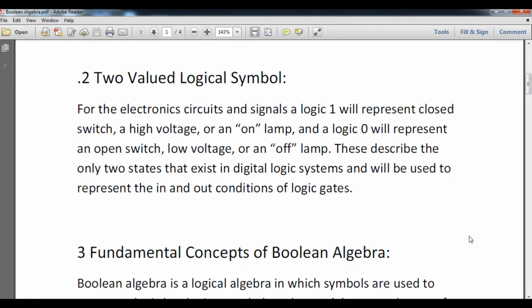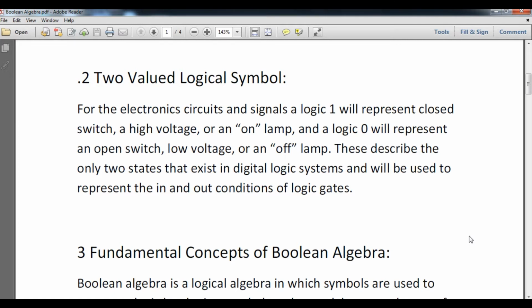Now first of all, we are going to understand the two-valued logic symbols. For electronic circuits, students, the signal depends upon logic, and here 1 represents a closed switch and high voltage on a lamp, and 0 represents an open switch, that is, low voltage, a low lamp. This describes the only two states of a digital logic system.